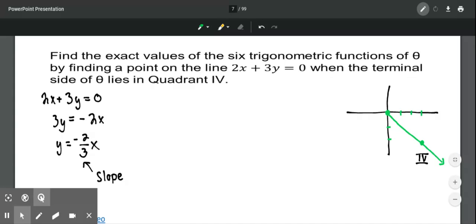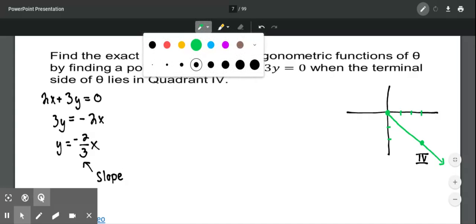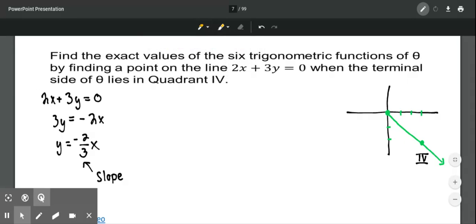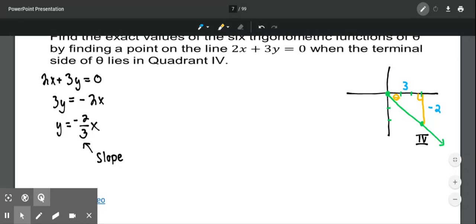And so now we want to find the 6 trig functions. So remember, we're going to make that triangle with the closest x-axis. And then this is our angle measure that we're talking about right here. So let's label our sides. Okay. We went over positive 3 on the x-axis, so that side is 3. We went down 2 on the y-axis, so I'm going to make this side negative 2. And then I'm going to use the Pythagorean theorem to find my third side, which we'll call r.